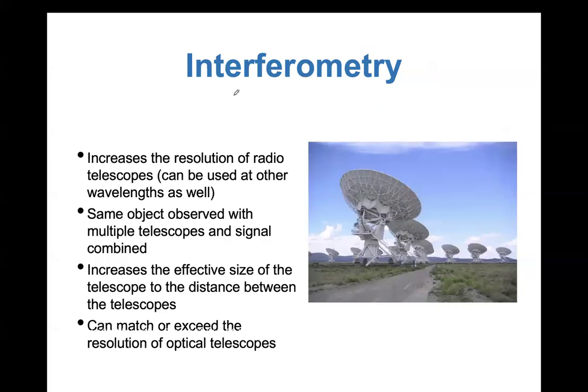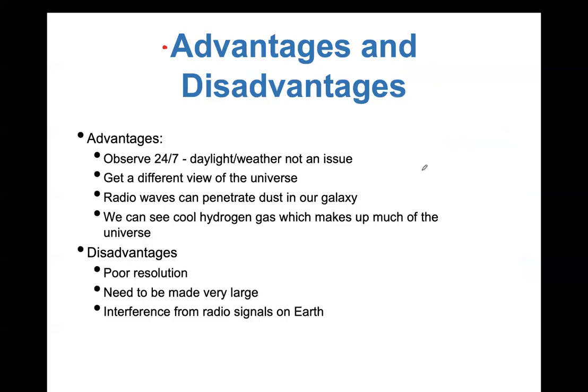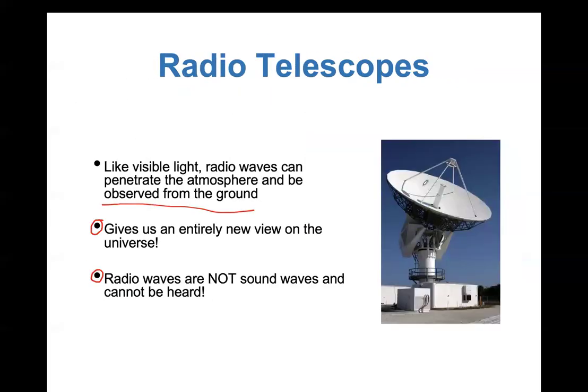Okay, so a typical, and I meant to point this out before, right back here, this, by the way, is a radio telescope. You probably already know, but just to make it absolutely clear, this thing that you think of as maybe a satellite dish is a radio telescope.